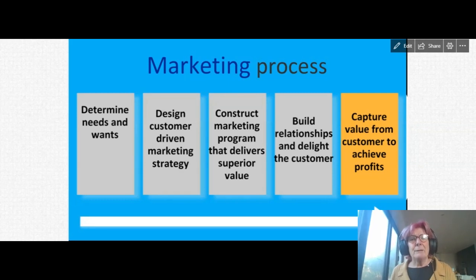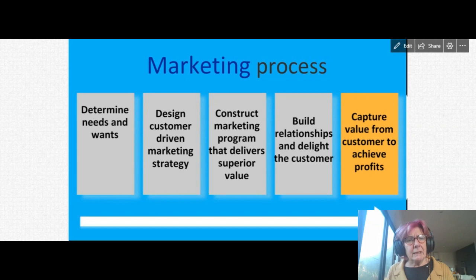It's all the steps that any business needs to go through in order to successfully market its products or its services to its customers, whether they be consumers or businesses. So the first step in that process is to determine the needs and wants of those customers.